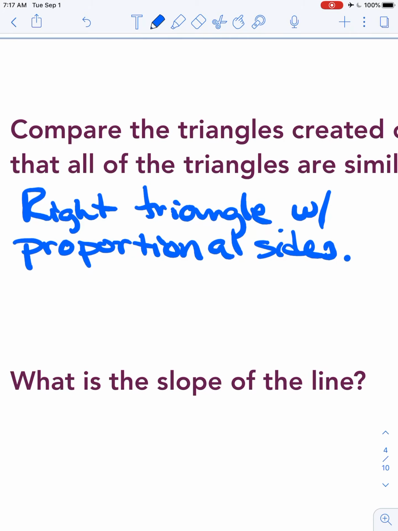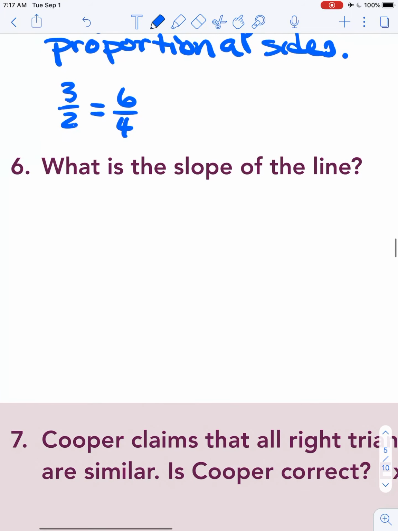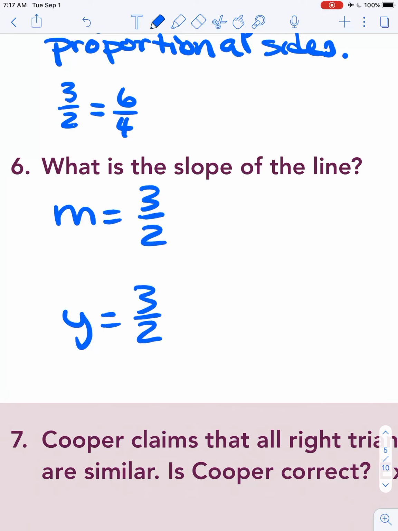Okay? Even though some of them were 3/2 and some of them were 6/4, those two are exactly the same numbers. One is just reduced and one is not. So, as we said, the slope of the line is 3/2. Now, we did get that. We could have gotten that straight from this equation right there. But we were trying to prove that that was true.